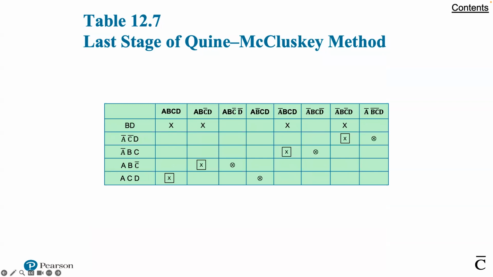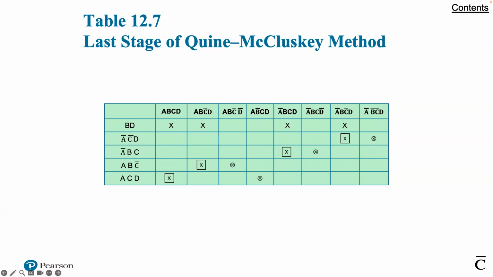Once the process just described is completed, we have eliminated many of the possible terms of the expression. Those terms that have not been eliminated are used to construct a matrix, as illustrated in table 12.7. That's what we're showing here. Each row of the matrix corresponds to one of the terms that have not been eliminated, that is, has no check in any of the tables used so far.